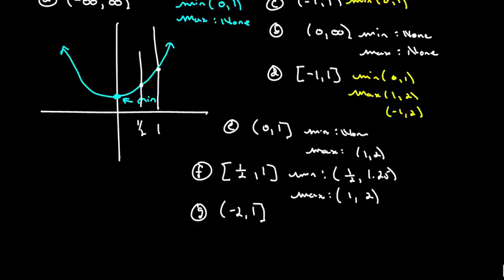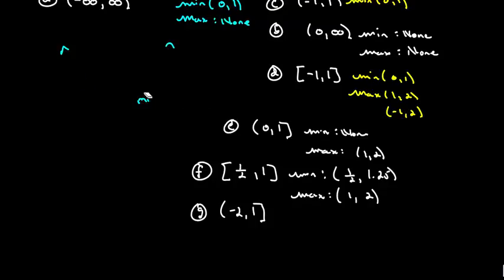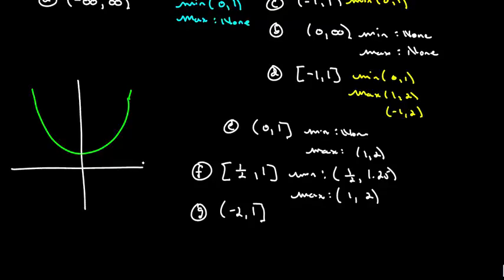So let's go ahead and take a look at that. It's a little bit different. Now let's just redraw this here. So from -2 to +1, not including, including.